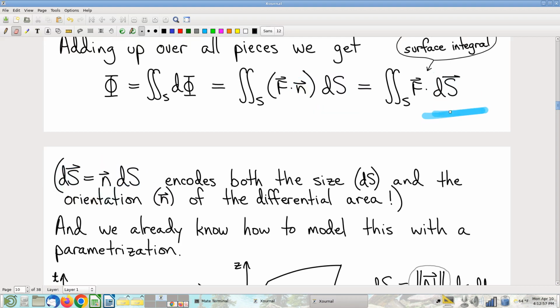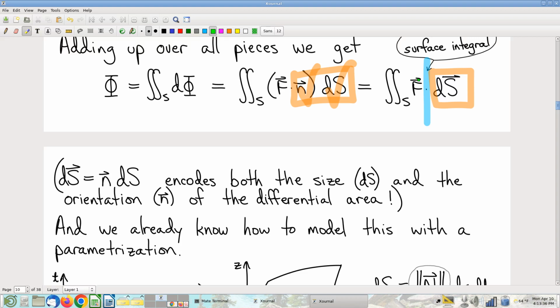Last observation, and this is an aesthetic, personal preference kind of thing. I like there being a clear distinction between what part of my integral is coming from the surface versus what part is independent of the surface. Everything in the ds vector comes from the surface. This is the size of the piece of surface, and this is the orientation of the piece of surface.